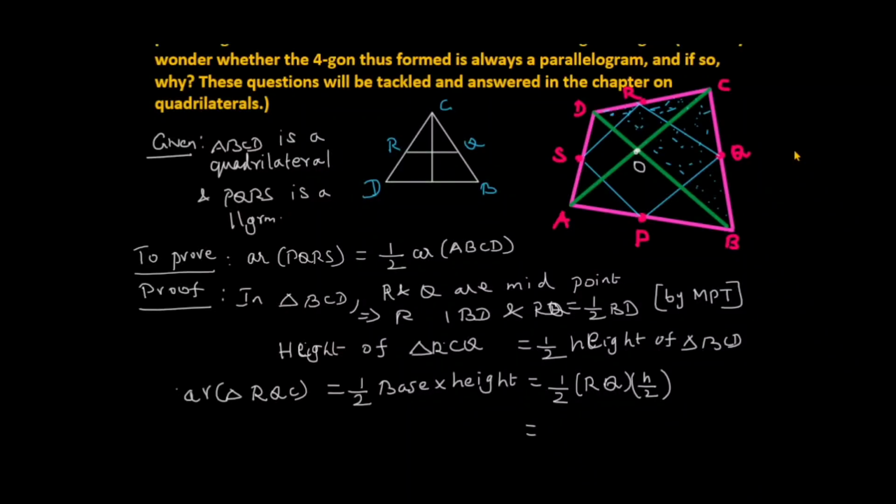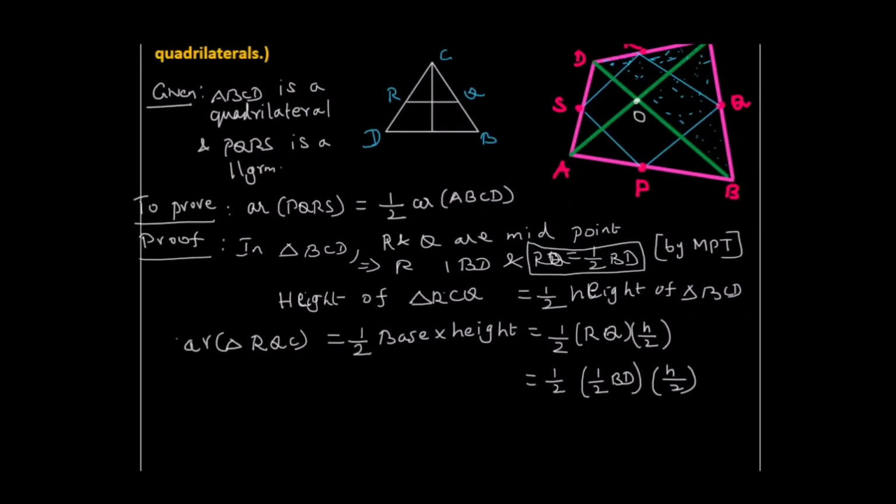Now what is our RQ? We got RQ is equal to half of BD. Replace that: 1 by 2 into 1 by 2 BD into H by 2. So 1 by 2 into 1 by 2 into 1 by 2 gives 1 by 8.